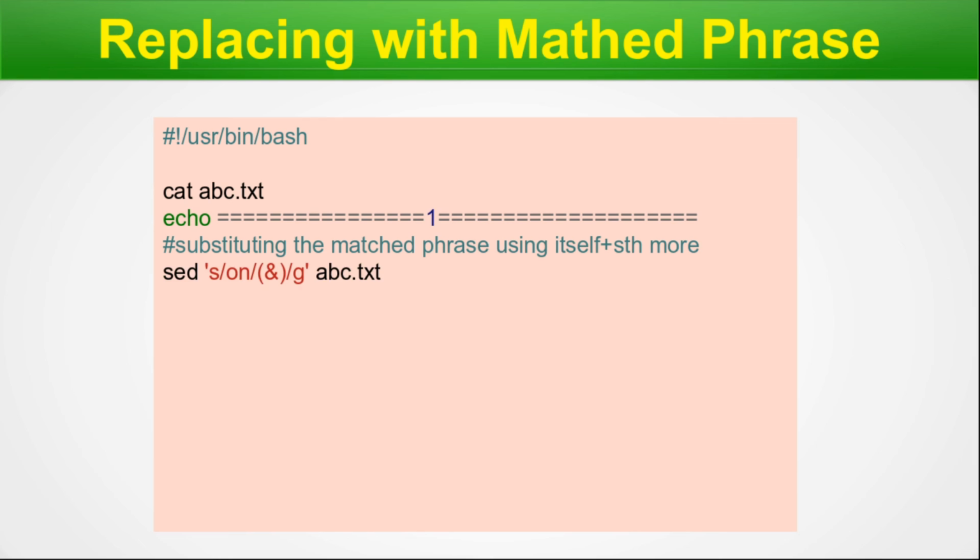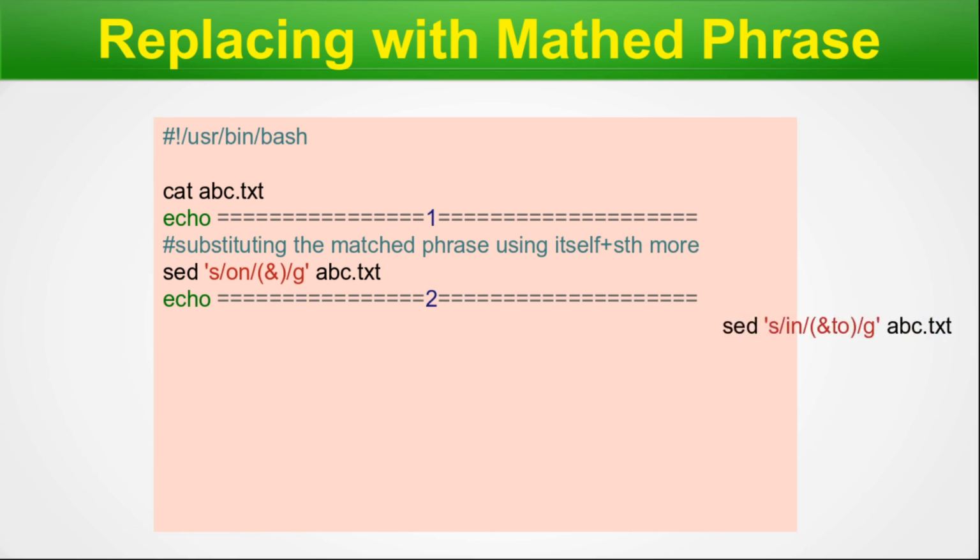So we have the text on somewhere in the txt file, and we substitute on with itself, that is ampersand. In the substitution phrase, we can see that within single quotes we have the ampersand. So we are substituting the matched phrase with itself.